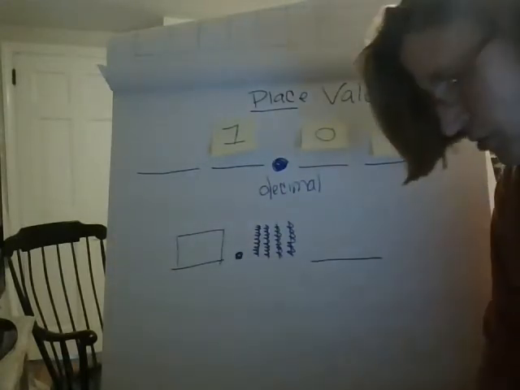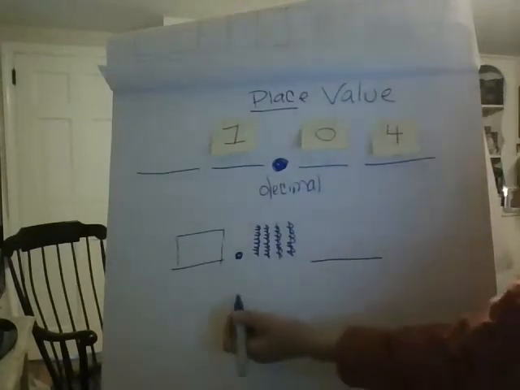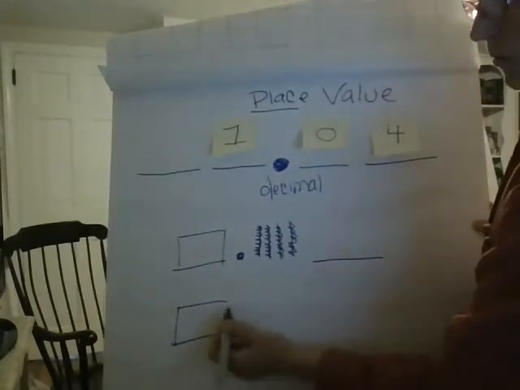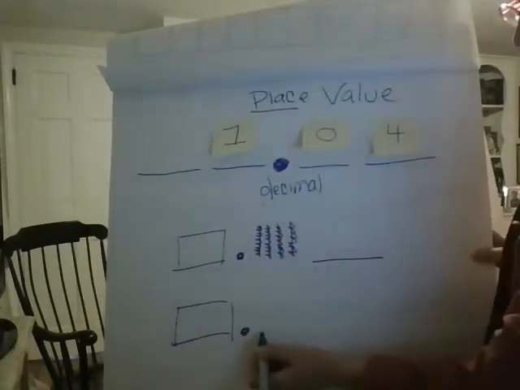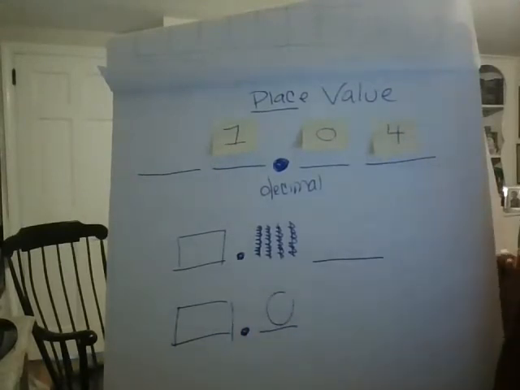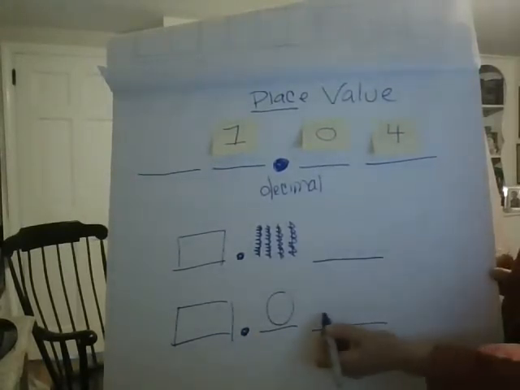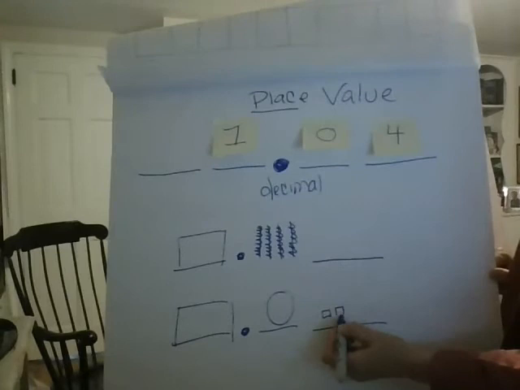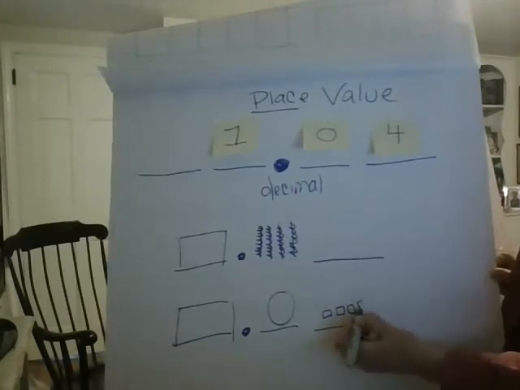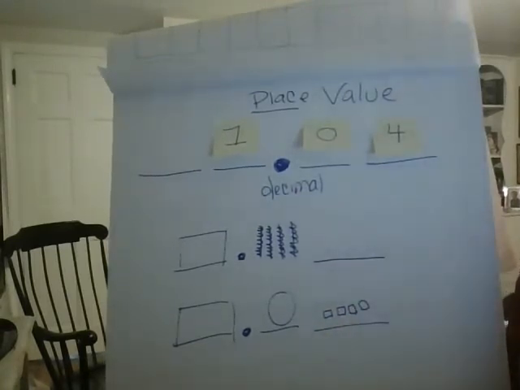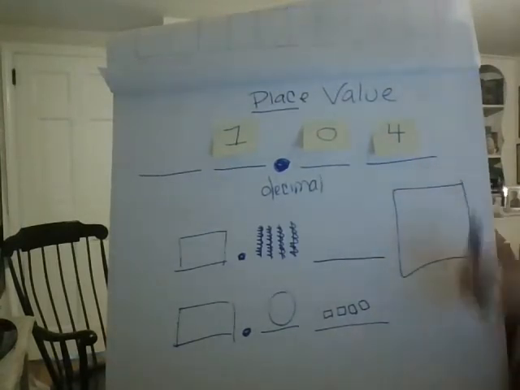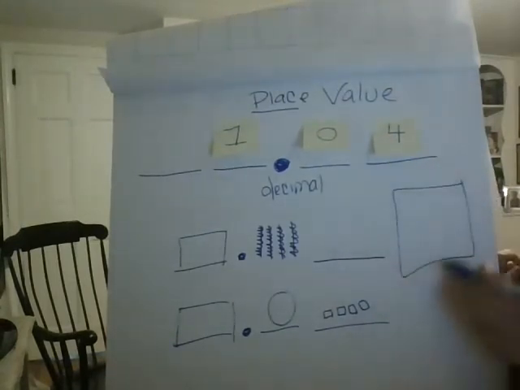Okay, so if I were to draw that out for you, here's a whole. I have nothing here, and then this piece would be 4 pieces. Okay, so think about your flat. I'm going to draw a very big picture of the flat. So this is one whole.